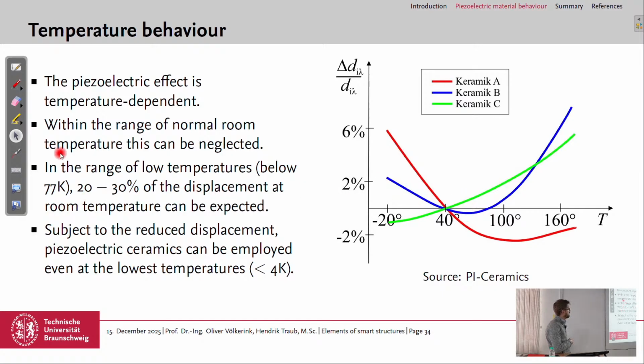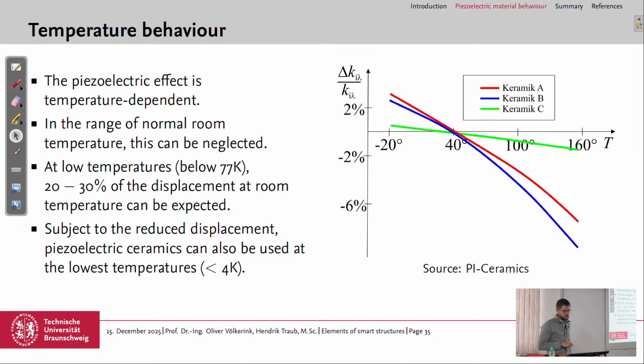If we go to really low, near cryogenic temperatures, then we only have 20 to 30% of displacement left compared to room temperature. But it still works. So we can use the effect also at very low temperatures, but the displacement gets smaller and smaller. And also the coupling factor is affected.